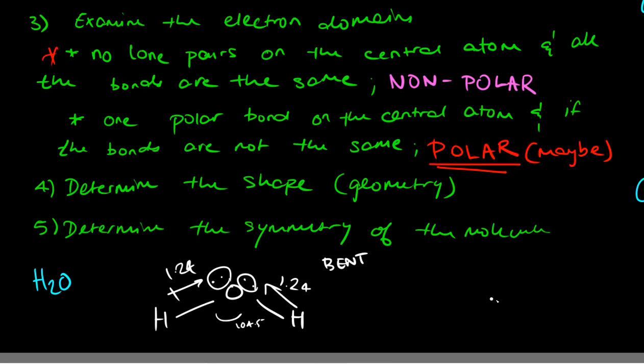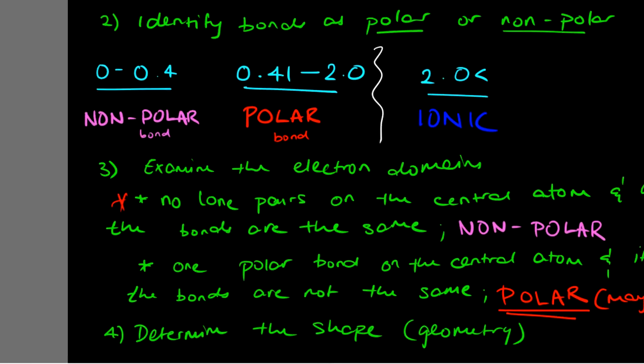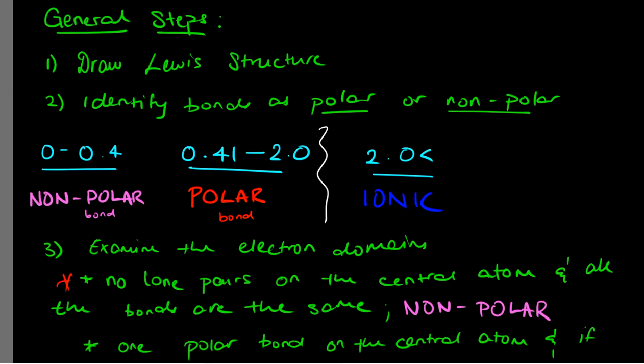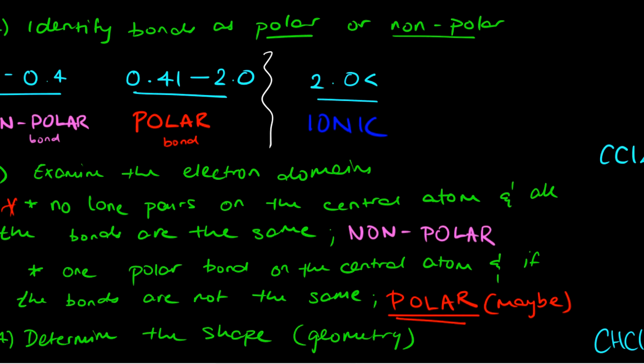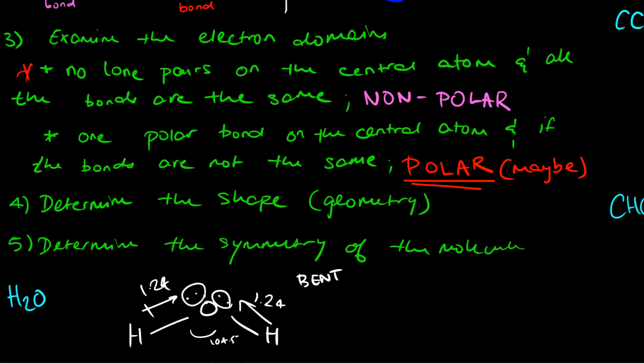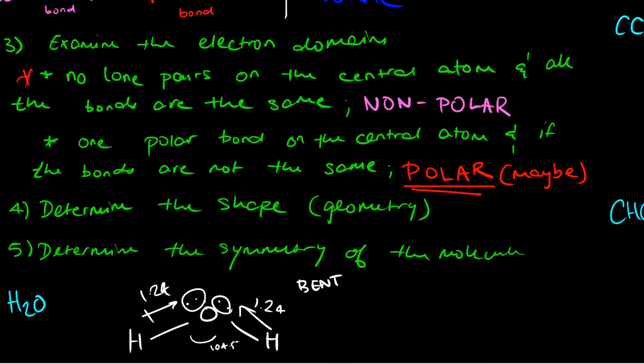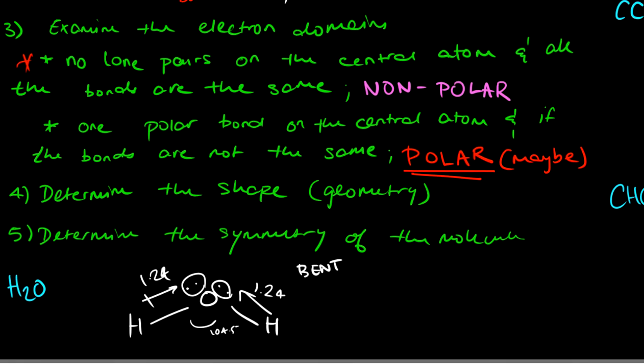So yeah, in this case, it is polar because of what we went through in the first few steps. The first step was, sorry, lost track. First step, we drew the Lewis structure. We identified the bonds. They are polar bonds, but after examining the electron domains, we have two lone pairs that affect the shape of the geometry, making it bent.